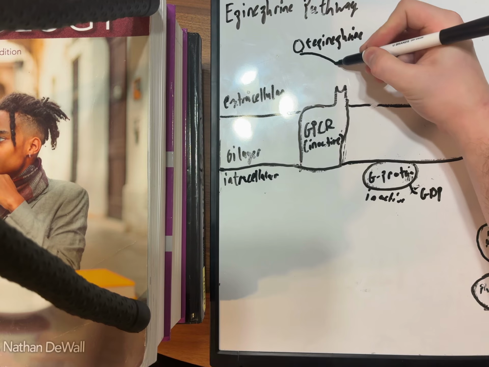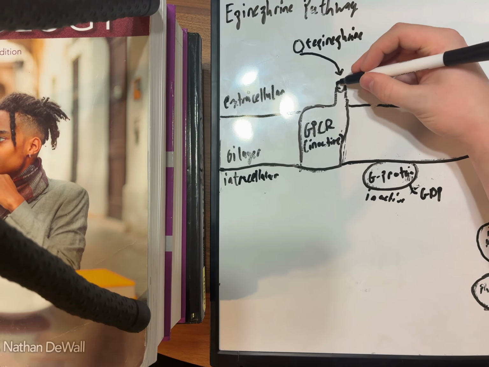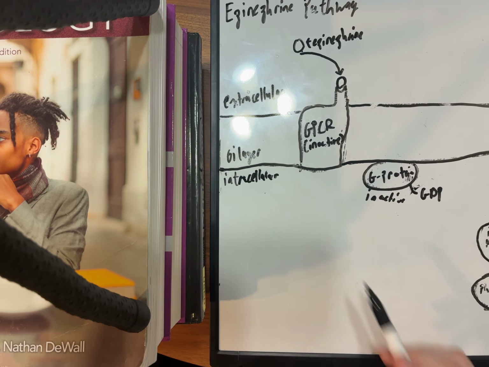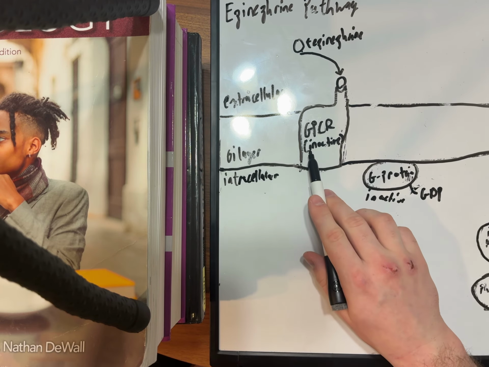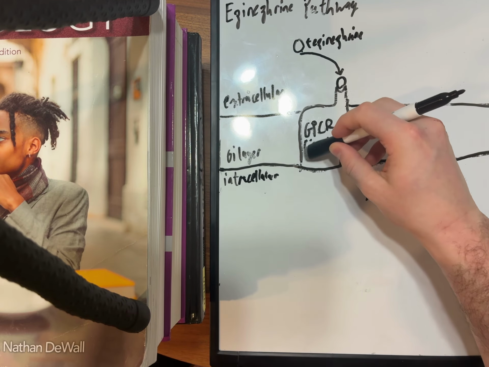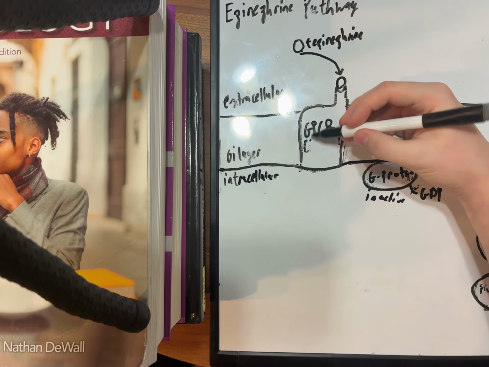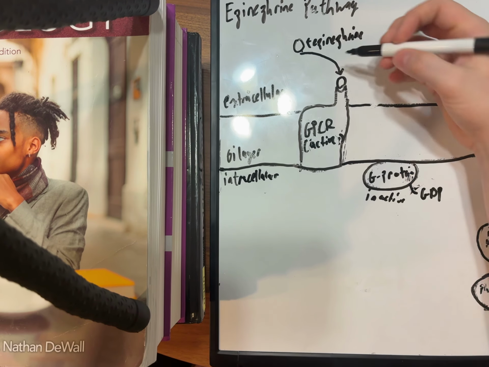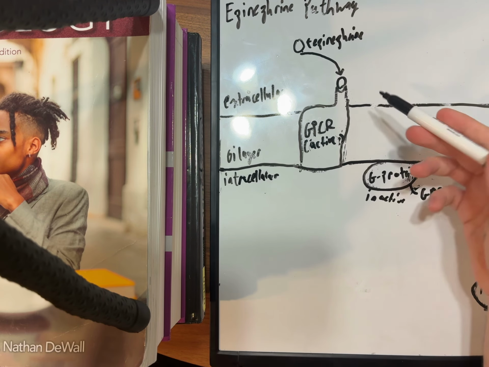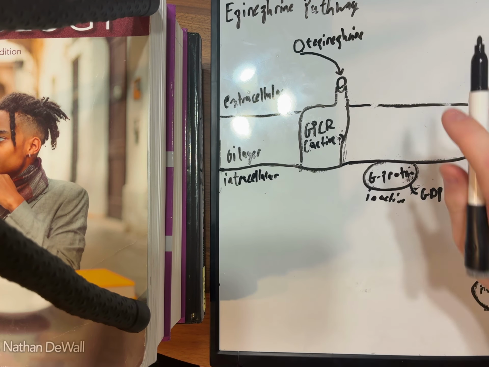So when this binds here to this little binding site, it's going to activate this G protein coupled receptor. So it's going to go from inactive to active. That didn't write super well, but now it's active because we have bound this. And the reason it becomes active is because of a conformational change.